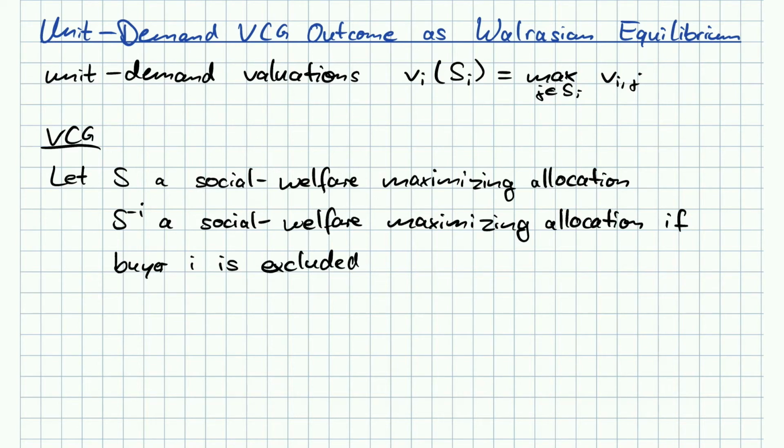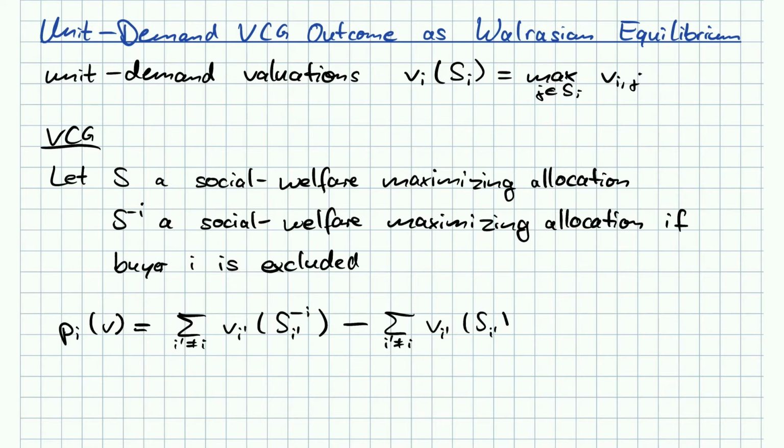And then we'll have that the VCG payments are as follows. So everybody bids truthfully. And we now say, okay, take the social welfare that you're getting when you're doing everything without bidder i, minus the social welfare that you're getting if you include bidder i, but not count them.